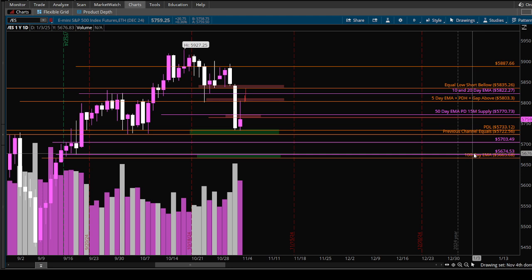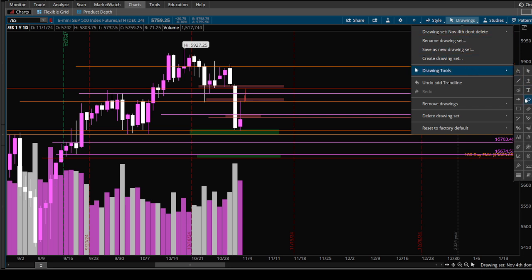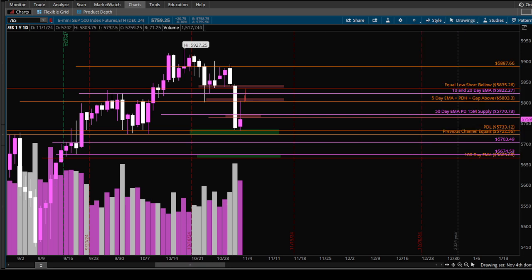The 100-day EMA is 5665, so we have a strong demand that can act as a strong demand on Fibonacci levels.